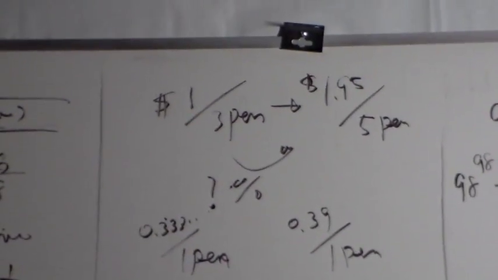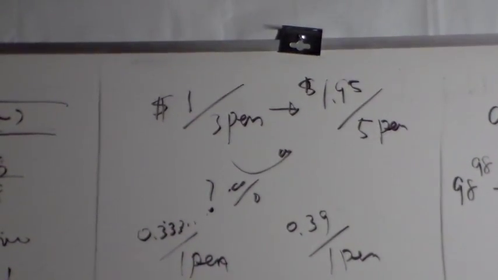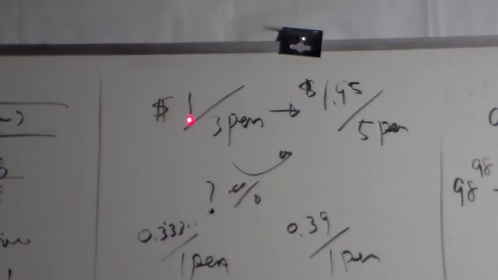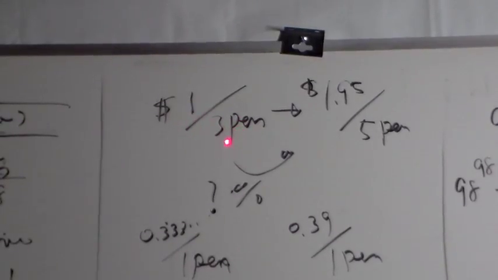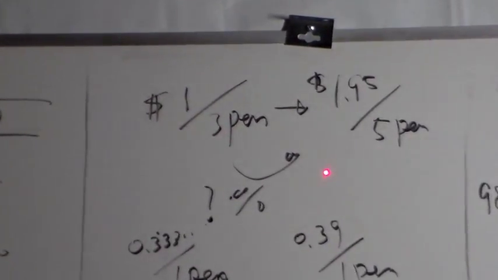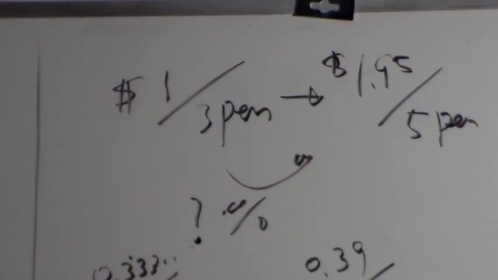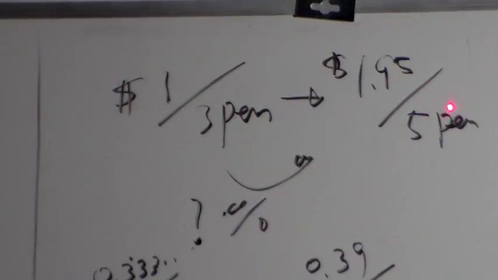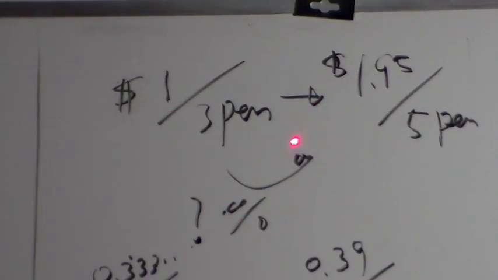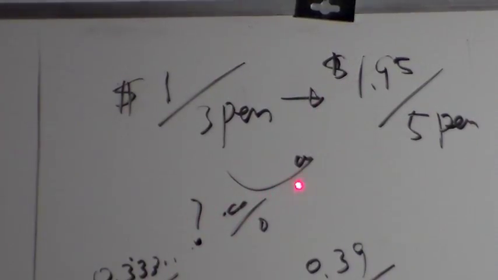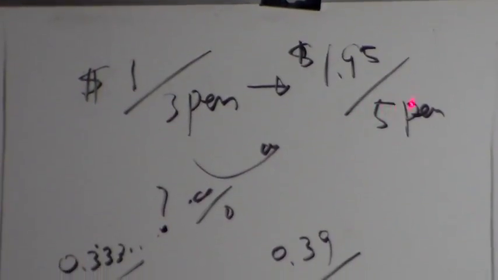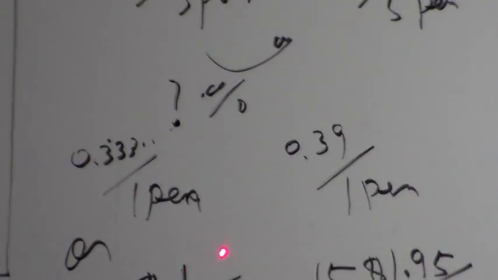Let me see, a little tricky one. 3 pens cost $1, then suddenly they change the price, 5 pens for $1.95. So what percent increase? That is the question. We are very familiar with finding how much 1 pen costs.